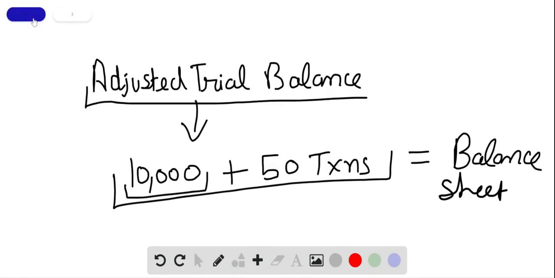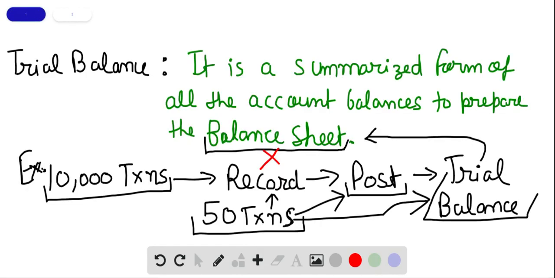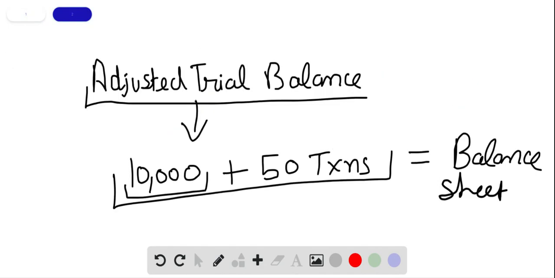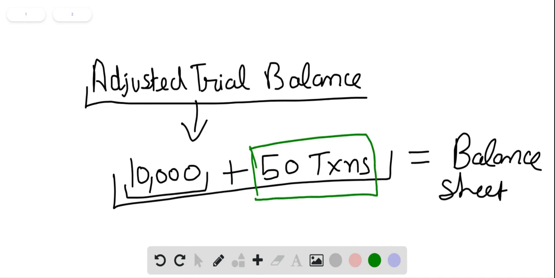But what happens, these 50 transactions will in total have a single effect on a single account. Like a combined effect on a single account that we know as retained earnings.